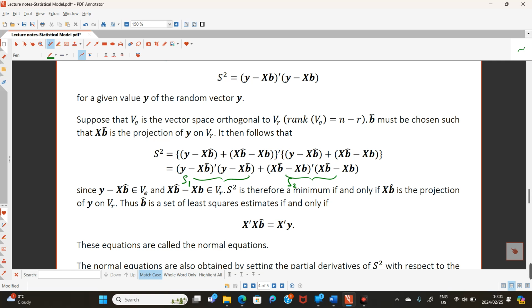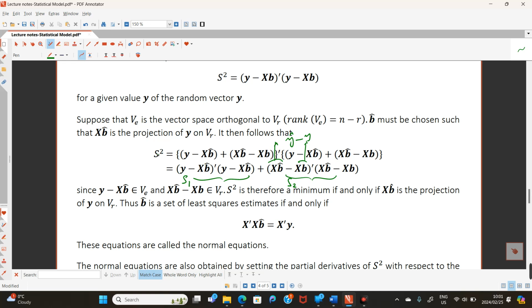And if I represent X B hat as Y hat and X B as Y, then you see it is Y hat minus Y. So it's the error in prediction, and the first term is the error in estimation.